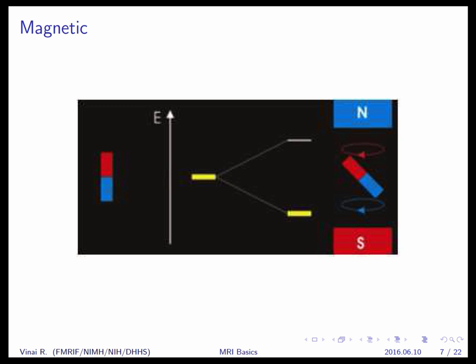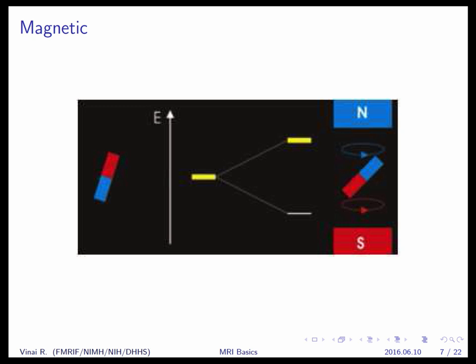But it turns out that when you put a large pool of hydrogen atoms into the magnet, some of them will align in this lower energy state, but then a certain portion will align themselves in a state that has a slightly higher energy.